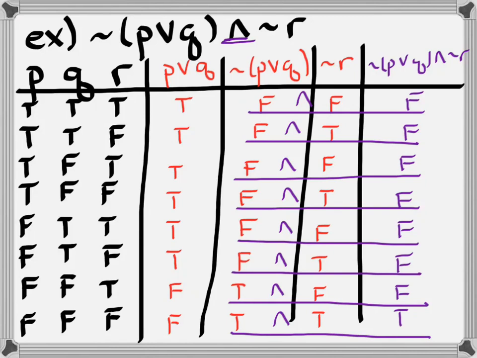False and true is false, false and false is false, and we continue using our building block until we've finished the truth table. For instance, let's just look at the last row. We know that a true statement and a true statement combined with and, so true and true is true.